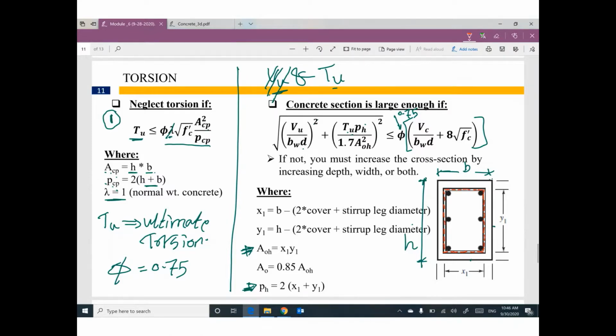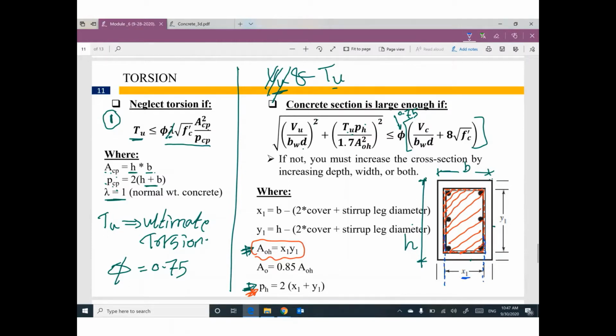The area inside this shape can be called area Aoh. And the perimeter of this shape can be called Ph. So in a different way, the distance between this center line and this center line of the stirrup will be called X1.